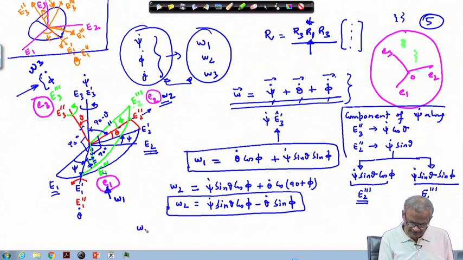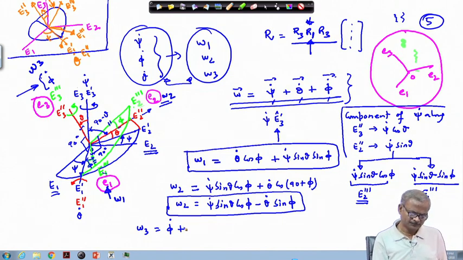Lastly we have omega 3. So, omega 3 is along this direction. Okay. So, here phi dot is already there. So, phi dot plus what else? So, psi dot component will arise; the rest will not contribute, because they are perpendicular to this. Theta dot is perpendicular to this. Okay. So, theta dot will not have any contribution, only psi dot, and along this direction the component we have already written along the E 3.